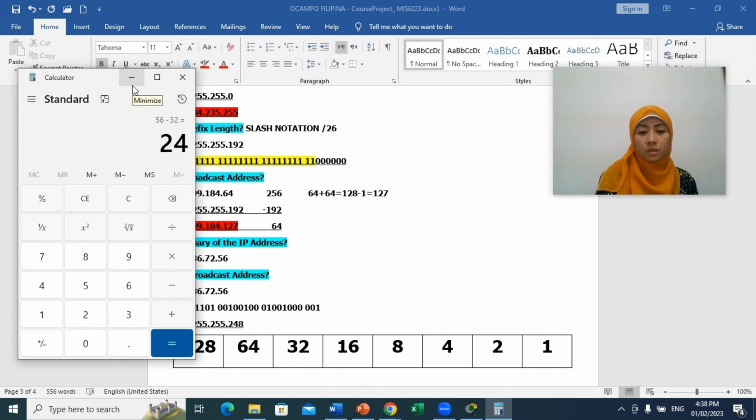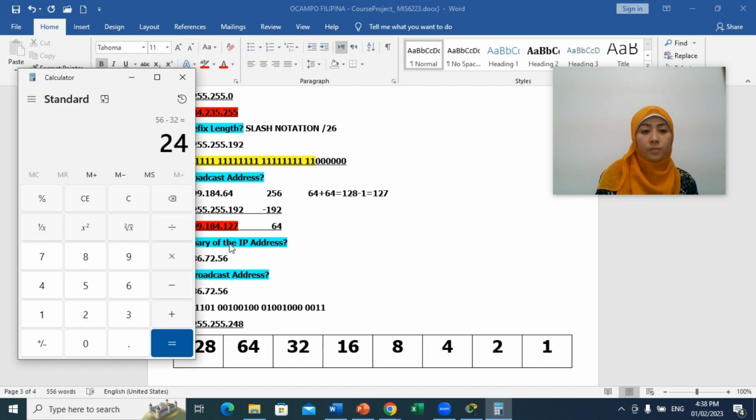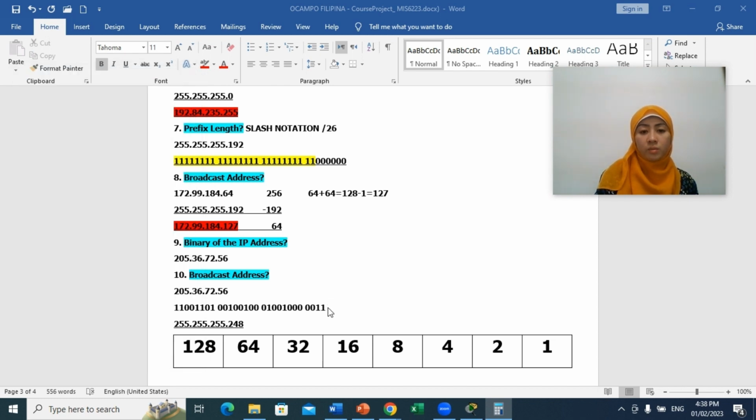So 24 minus 16 it can be, so we'll put 1. 24 minus 16 is equal to 8. So 8 minus 8 it can be, so we'll put 1, and then the rest is 0. So now this is our binary.